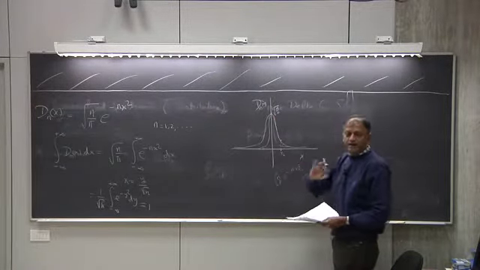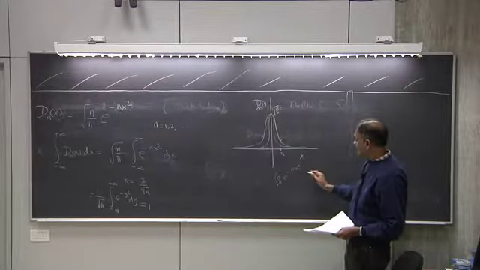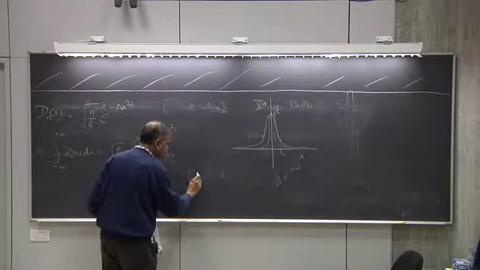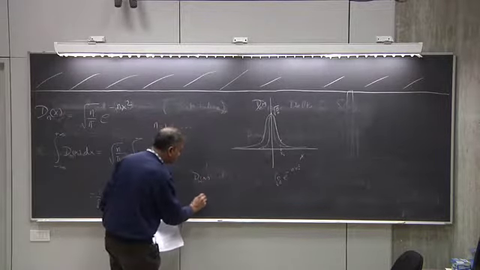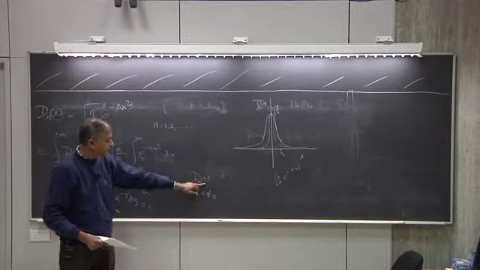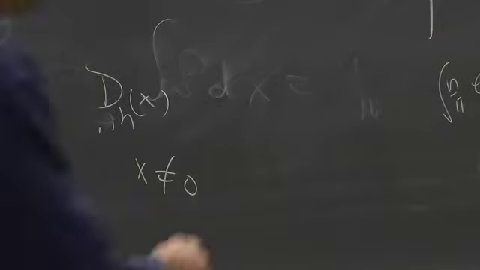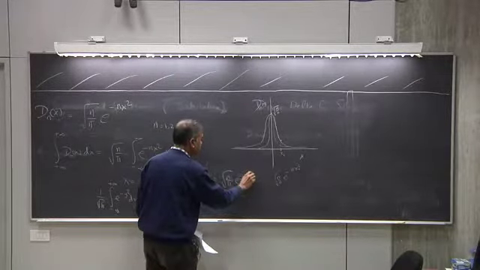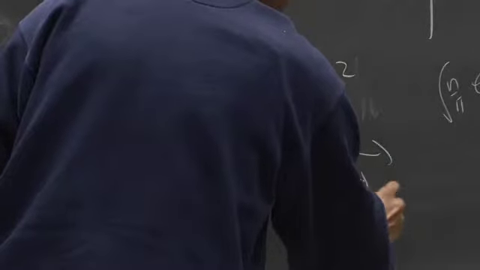Let's take dn of x at some point x which is not equal to 0. This is nothing else but root n by pi e to the minus n x square. Now take the limit n goes to infinity.